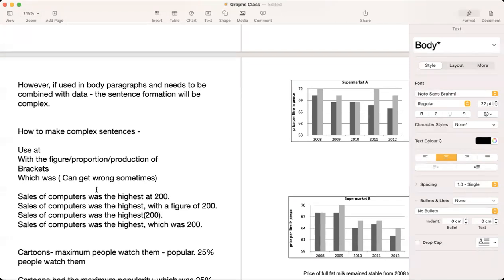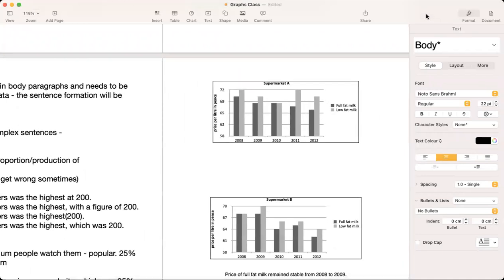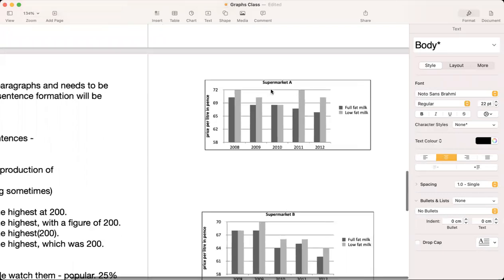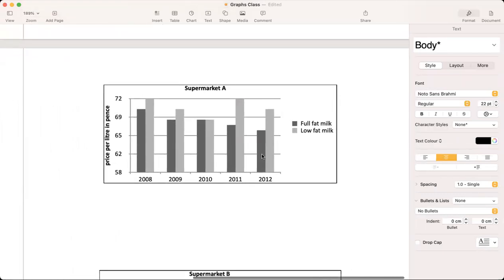Okay. So let's imagine you want to say maximum sales of, let's take the example. Can you tell me the year in which the price of full fat milk was the maximum? सबसे ज़्यादा कब थी? In supermarket A, this graph, when was the price? 2008. Okay, good.